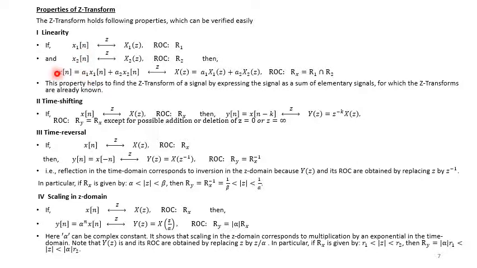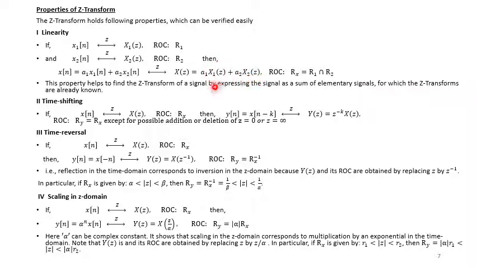So if I have x of n such that it is the scaled version of x1 of n plus the scaled version of x2 of n, where x1 of n and x2 of n have scaling factors of a1 and a2 respectively, we add them and then we apply the Z transform on this whole. So it should produce x of z, which consists of a1 times x1 of z plus a2 times x2 of z.